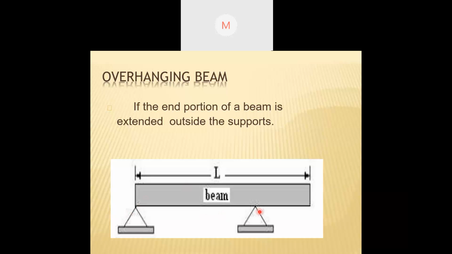Now, if the beam is supported by two supports, some portion of the beam is projecting outwards, right? If some portion of the beam is projecting outwards, then this is known as an overhanging beam.